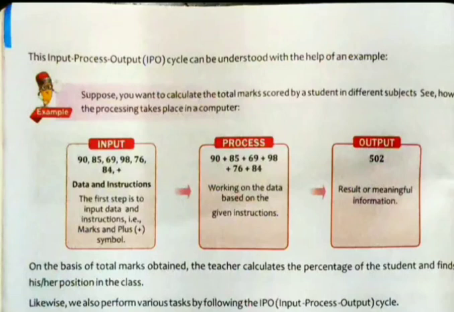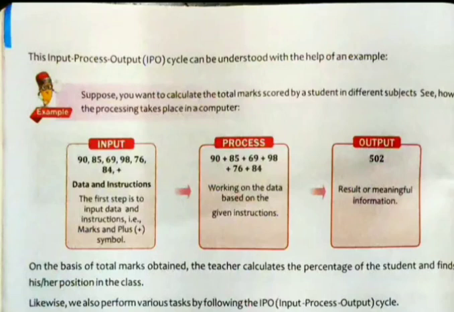Next step is process. Here, we can see that now the numbers are being added with all the other numbers. Let's see, 90 plus 85 plus 69 plus 98 plus 76 plus 84. That means we have to do the addition of all the numbers that we had inputted into the computer, working on the data based on the given instruction.